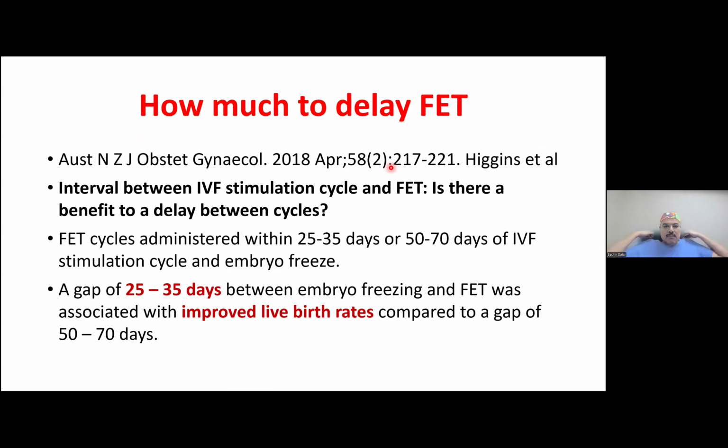So this is what somebody asked: what should be the ideal interval between the IVF stimulation cycle and the FET cycle, right, Dr. Vasundara? That was one question that you had.